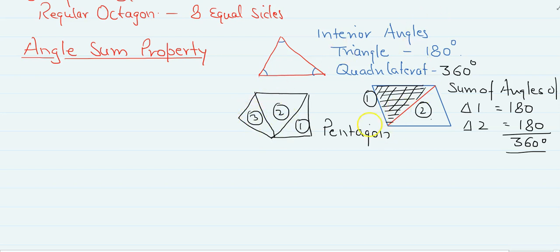So in total we have 3 triangles. So in the pentagon it is 180 plus 180 plus 180, that is 540 degrees. So the sum of all angles of a pentagon is 540 degrees.